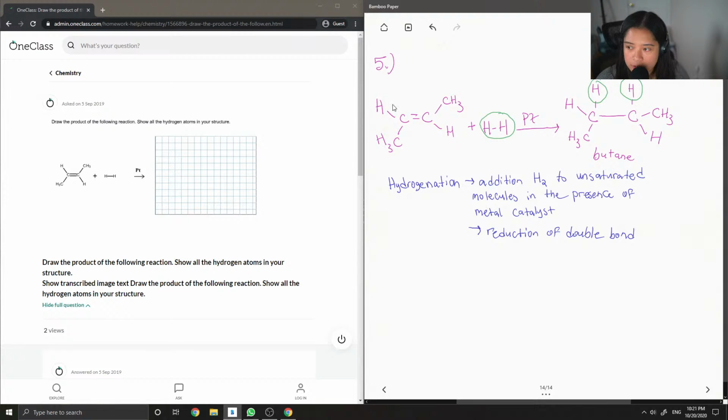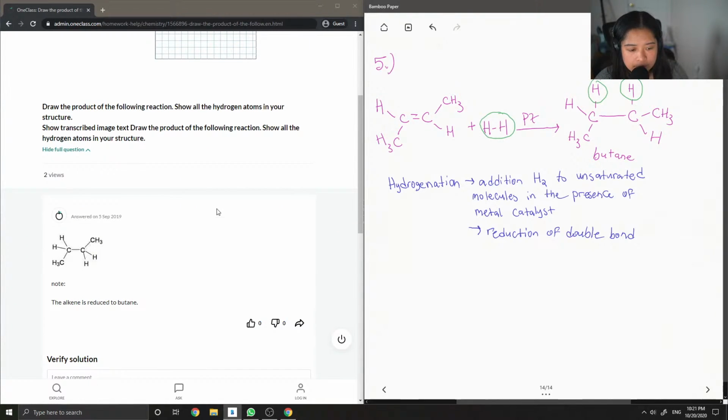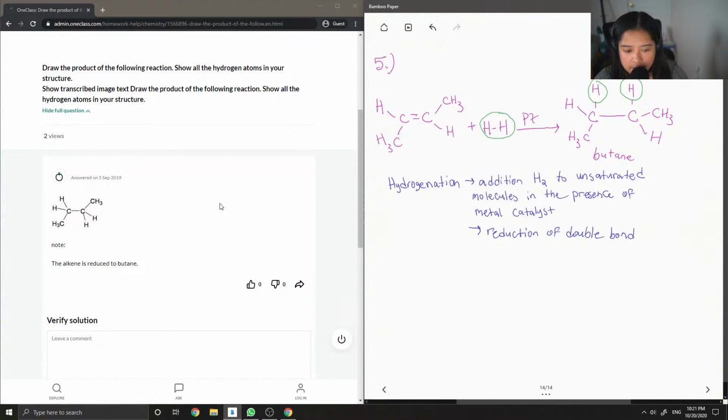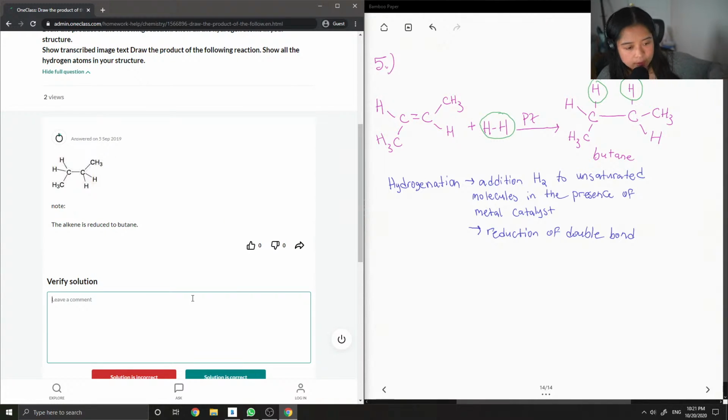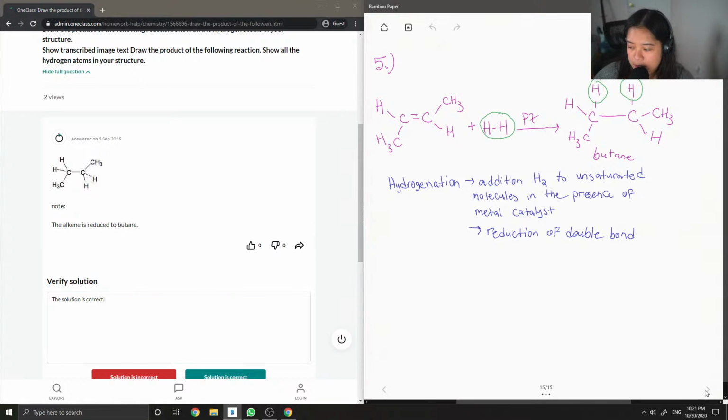Let's check out the answer from our junior tutor. The alkene is reduced to butane. Okay, pretty simple question. So the solution is correct. Okay, so now let's move on to question number 6.